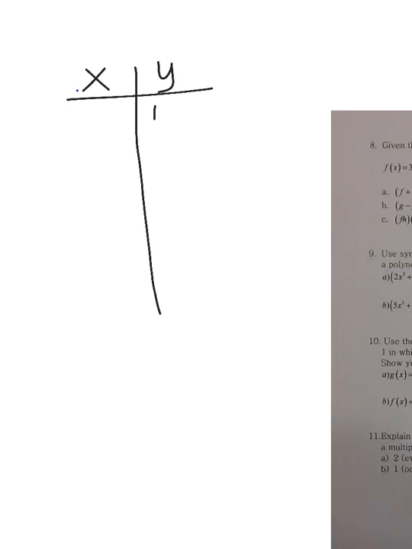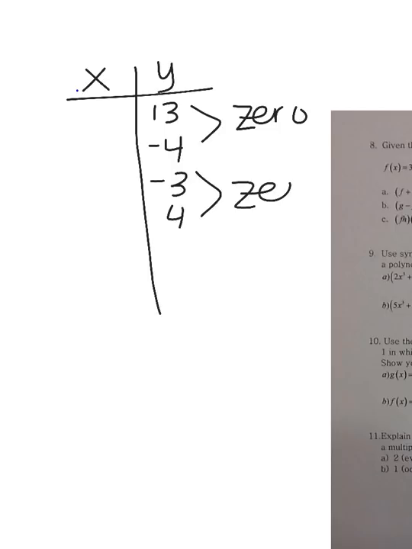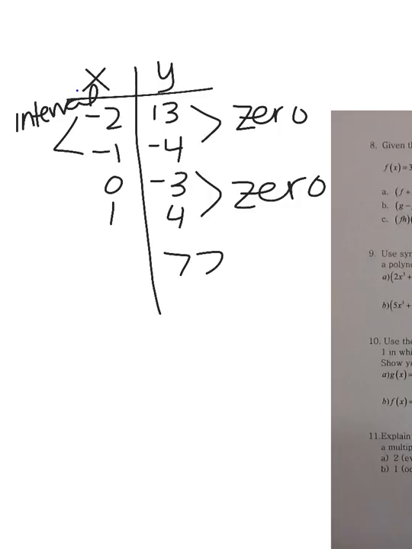So I see a 13 and then a negative 4. So there's a 0 in there. I see a negative 3 and then a 4, so that means there's a 0 here. And then 77. So at negative 2, negative 1, this is your interval. And 0, 1, 2, so here's your other interval.